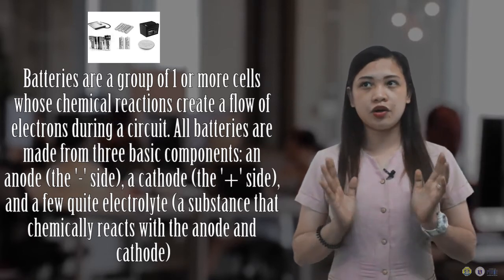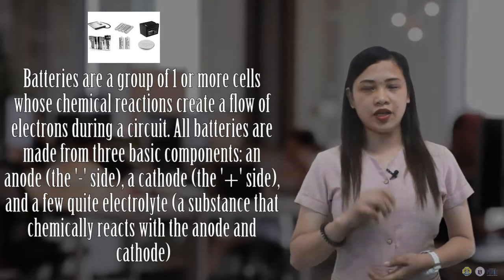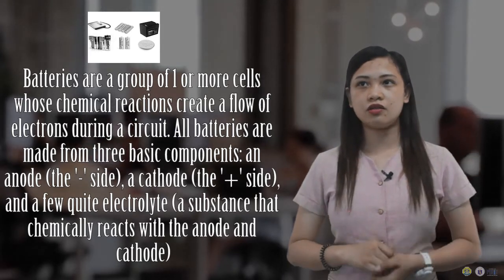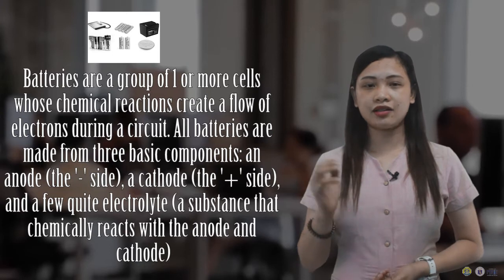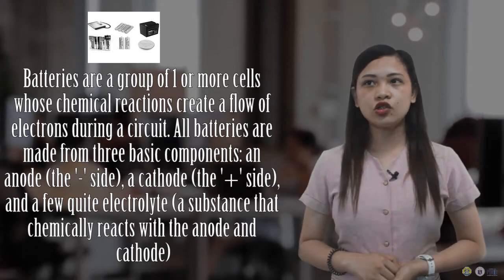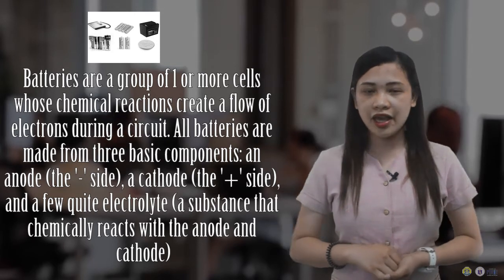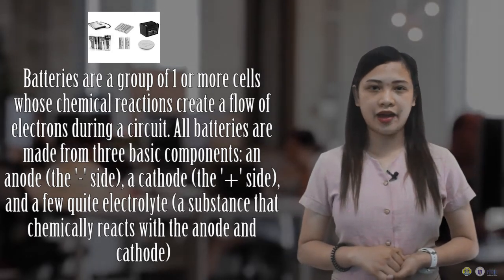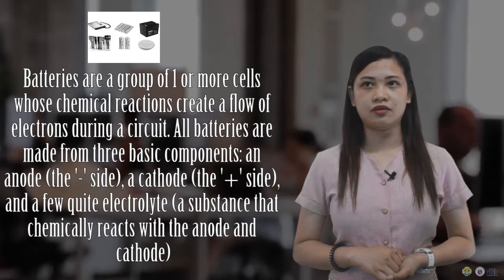All batteries are made from three basic components: an anode, or the negative side, a cathode, or the positive side, and an electrolyte, a substance that chemically reacts with the anode and the cathode.